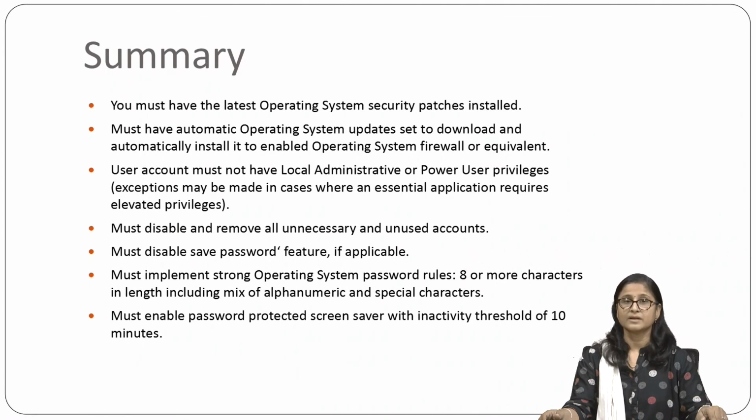You must enable automatic operating system updates to download and install automatically, and enable the operating system firewall or equivalent. User accounts must not have local administrative or power user privileges, except in some cases if necessary. So you should not provide administrative privilege to everyone.